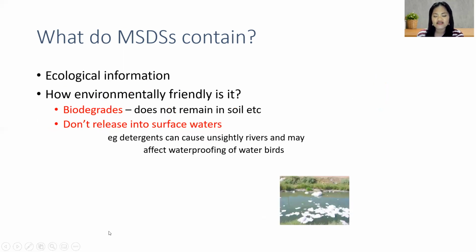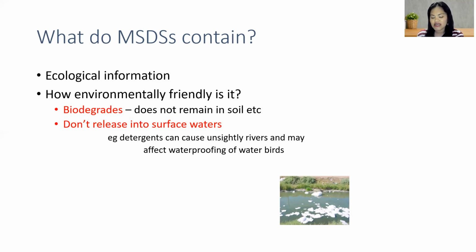Another thing is the ecological information. So, how environmentally friendly the chemical is. If it's biodegradable, how to dispose of the product so it does not remain in soil, etc. And there's also information that you don't have to release it into surface waters.